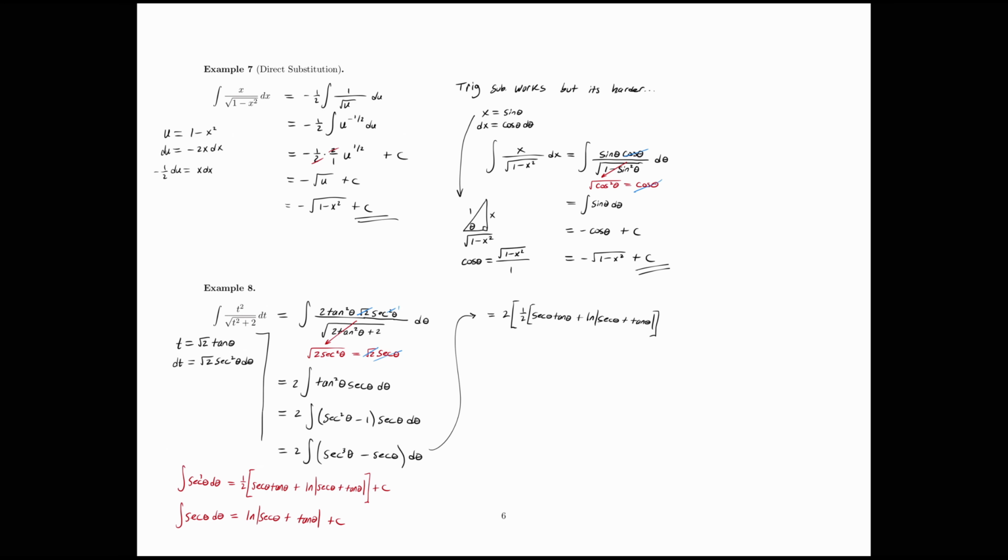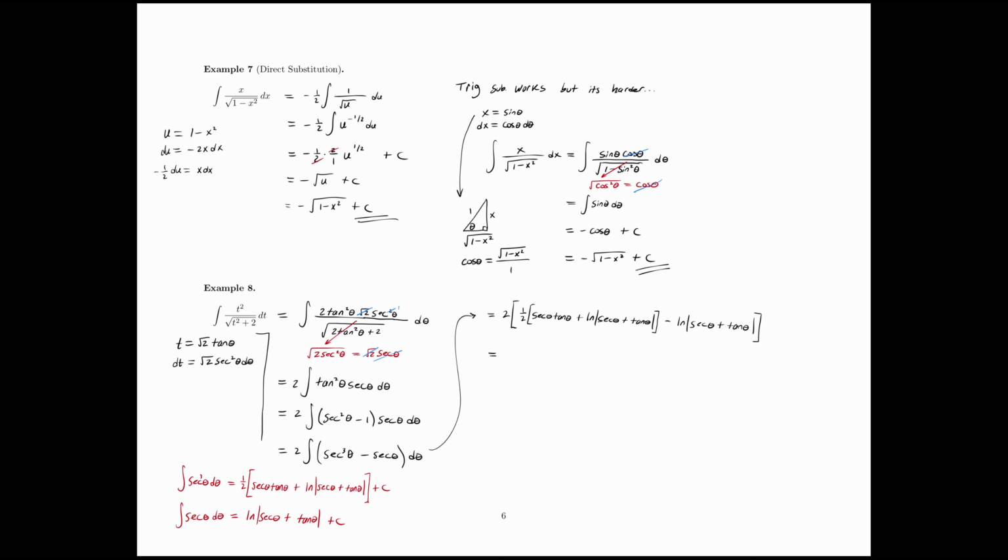Okay, close that off. That's the inner set of brackets. Plus the other one. Or not plus, was it minus? It's minus. So this is minus natural log absolute value of secant theta plus tangent theta.